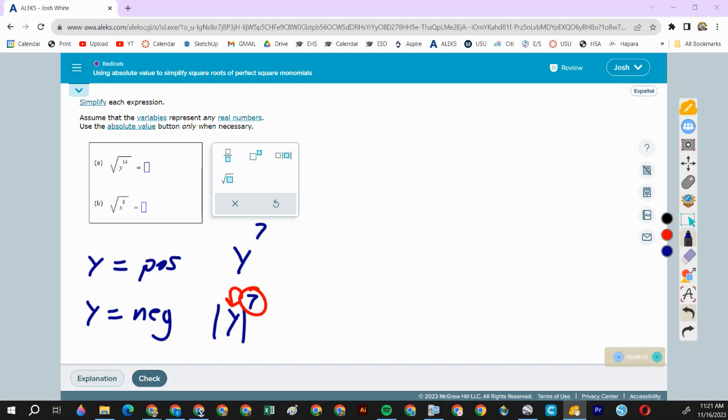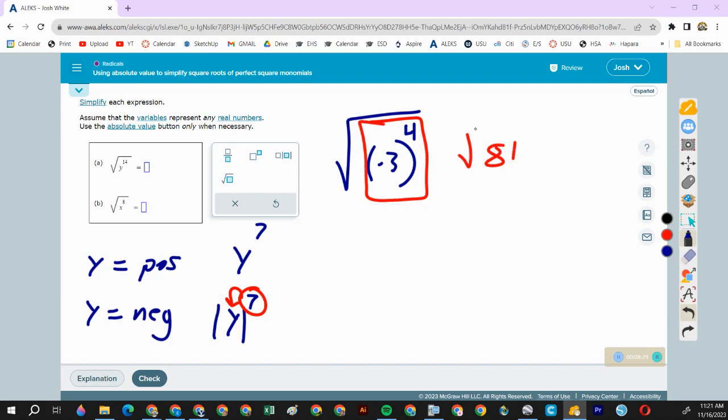Okay, so let me show you what I mean. So let's say we have the square root of negative 3 to the 4th. This is 81, and then I square root it, and I get 9. Right? But what if I did the square root of negative 2 to the 10th?